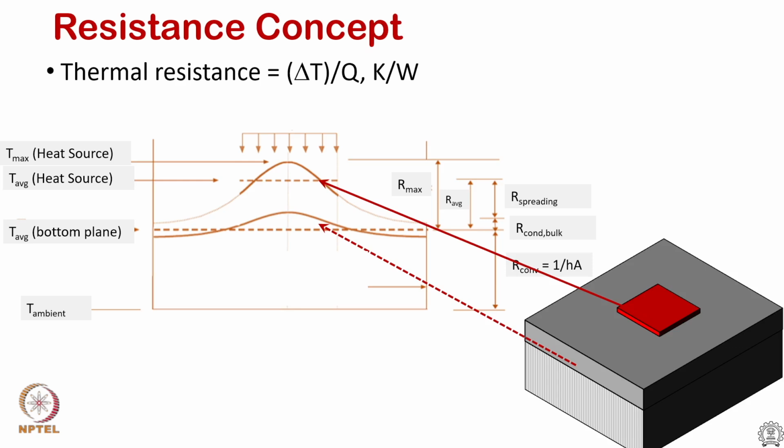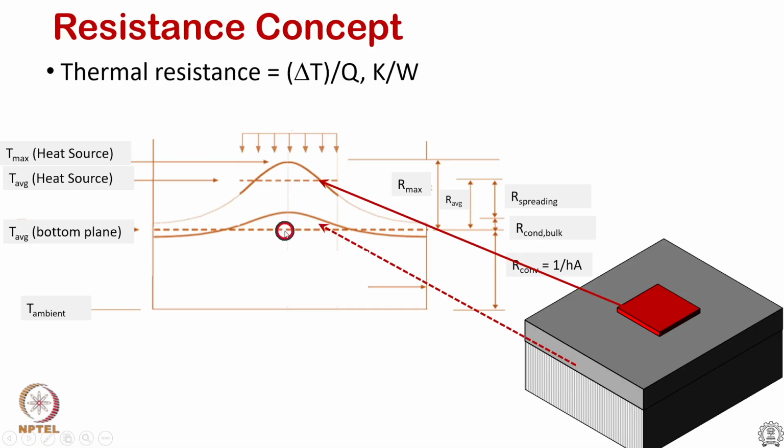If the sizing, if the thickness of the spreader is not optimum, then the heat will stay as is shown here like this, meaning that the temperature profile will have a maximum, and even at the bottom plane the temperature still has a peak and has a bell curve type situation. If it were to be spread uniformly, you will get a flat line like this. The spread temperature at the bottom line will be the same as the average temperature.